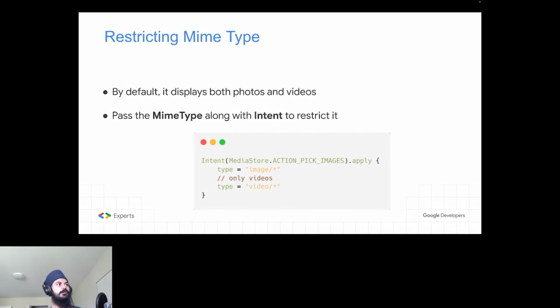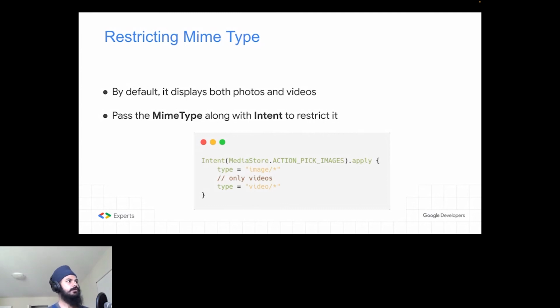This code is written in Kotlin. If you are familiar with Java, type equals image slash star or type equals video slash star is basically calling the method setType, because in Kotlin getters and setters are not there. So we just directly call the properties without having setType or getType.